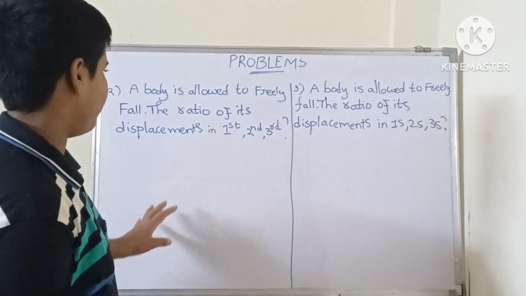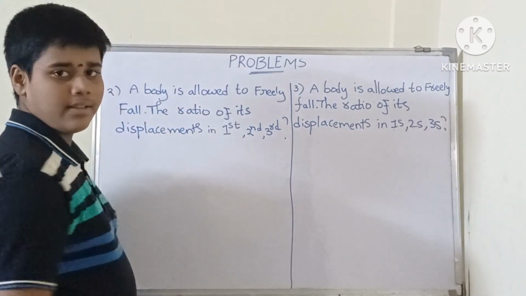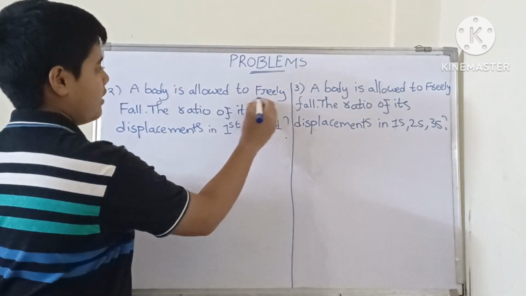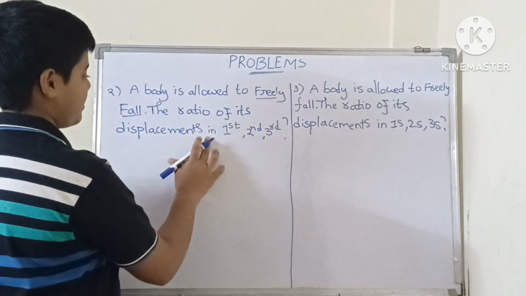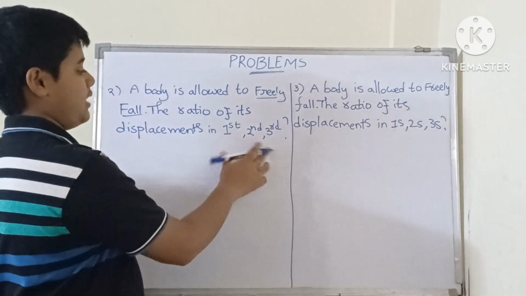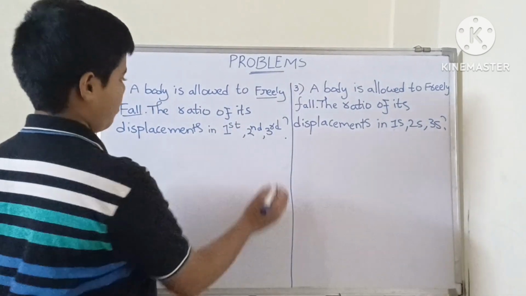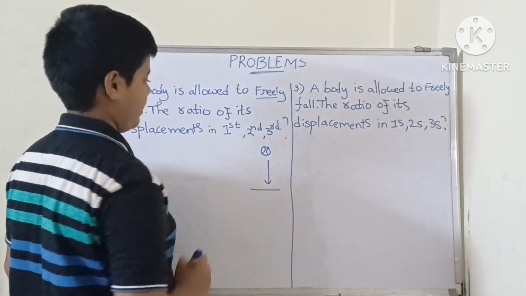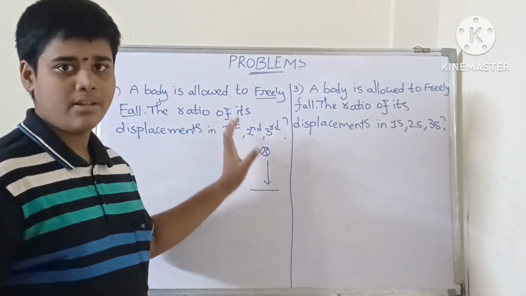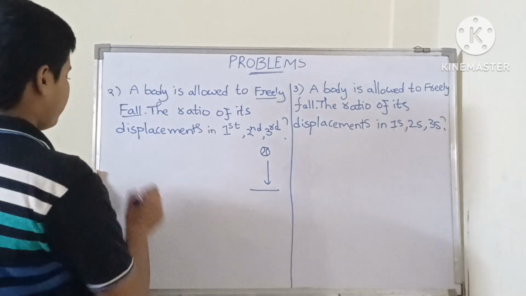And the second question: a body is allowed to freely fall. The ratio of its displacements in the first second, second second, third second. Like this we have to represent any sum with diagrams.